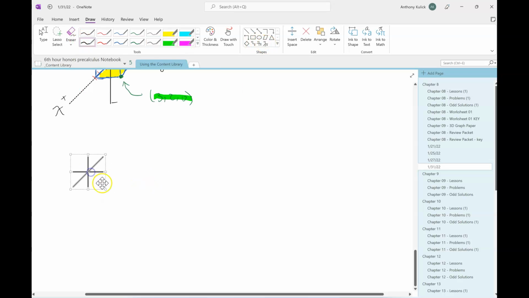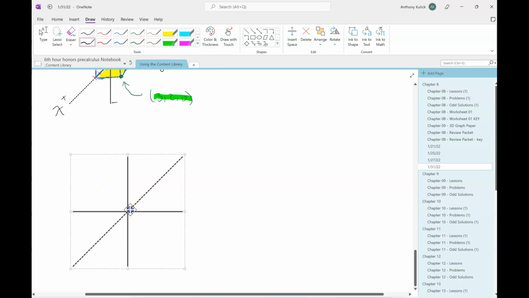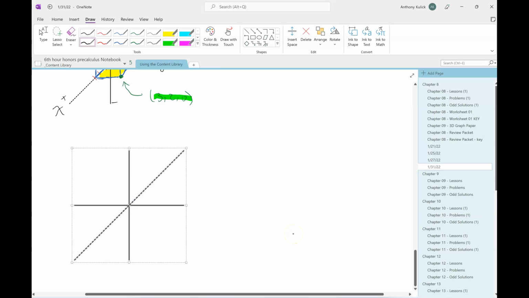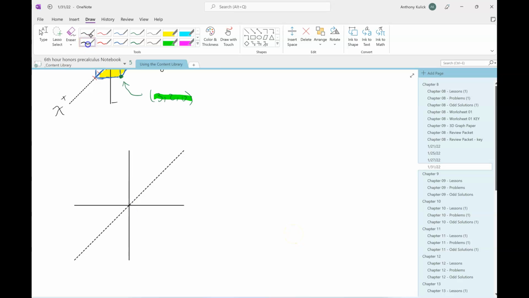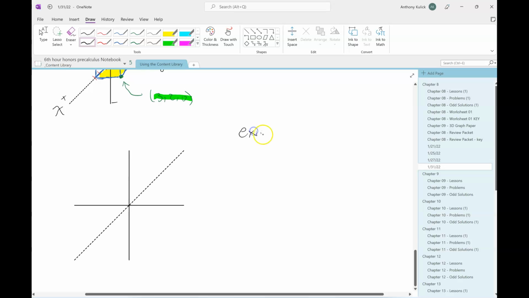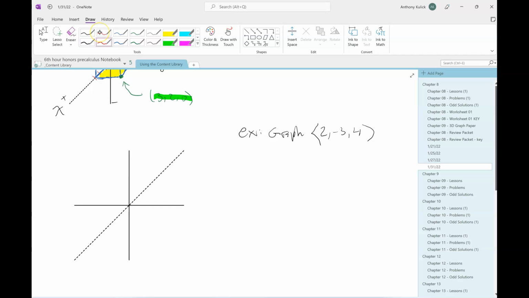So that's plotting a point. What if instead we wanted to graph the component form vector 2, -3, 4?